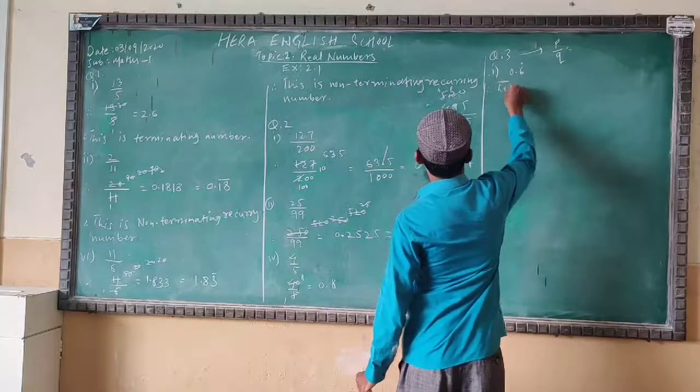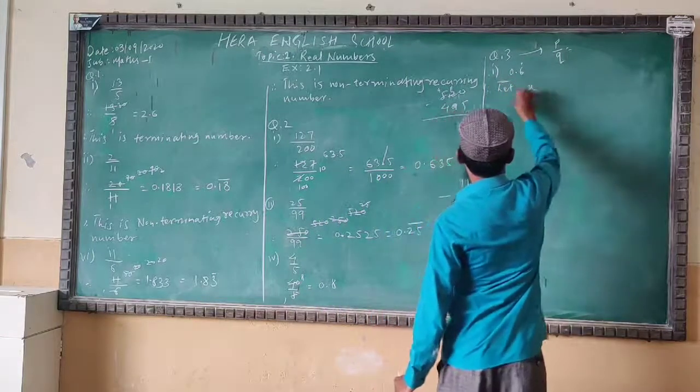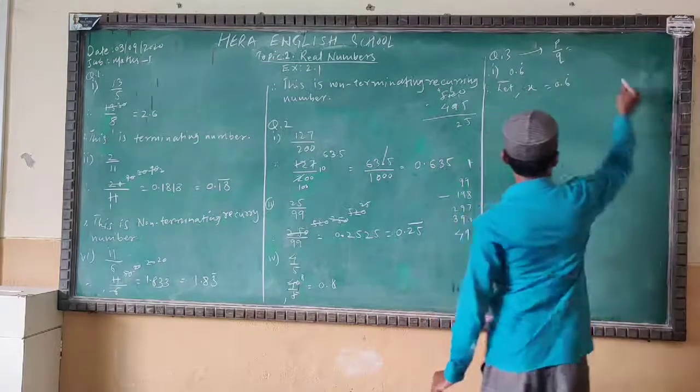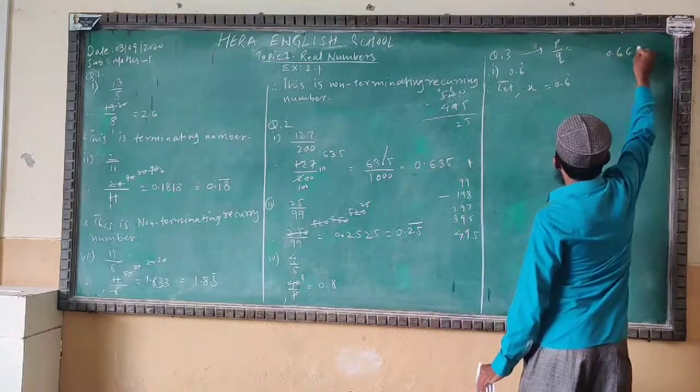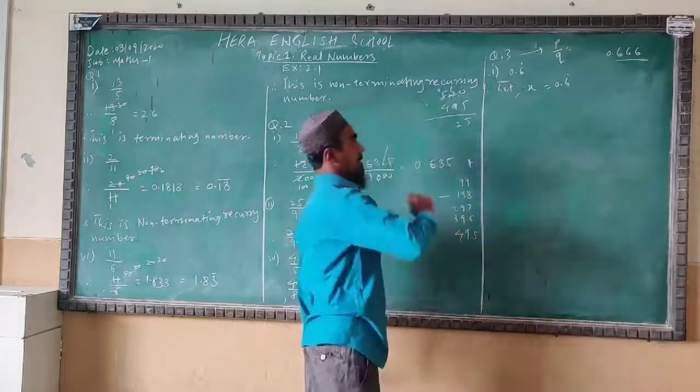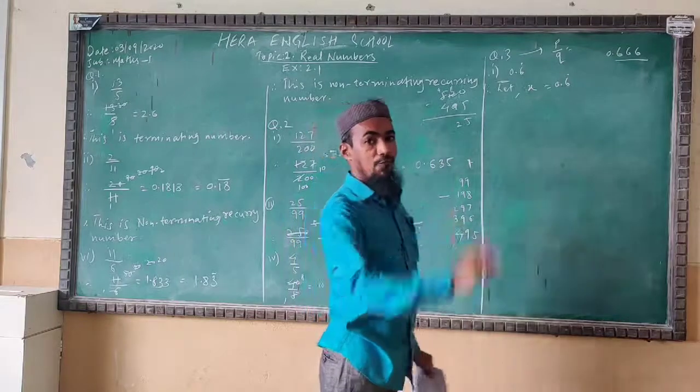See very well for the solution. Suppose the given number is x equal to 0.6 bar. 0.6 bar means the 6 is recurring, repeating many times.